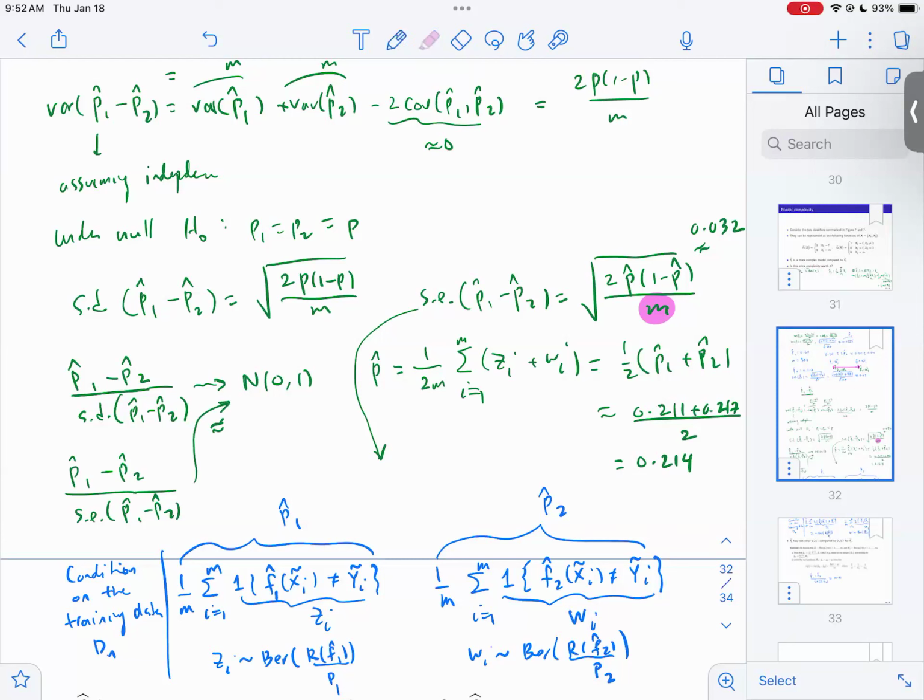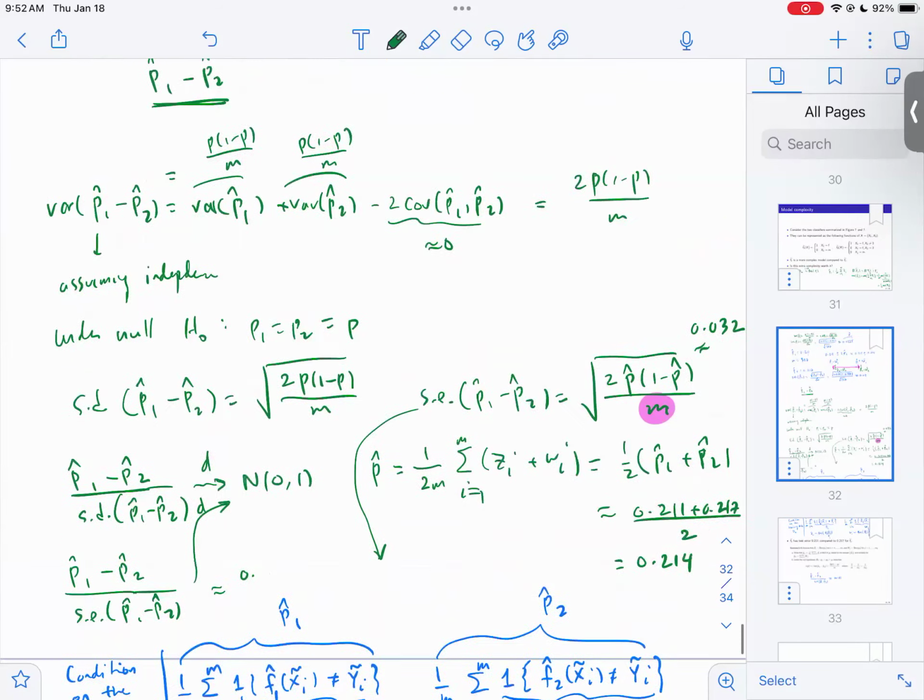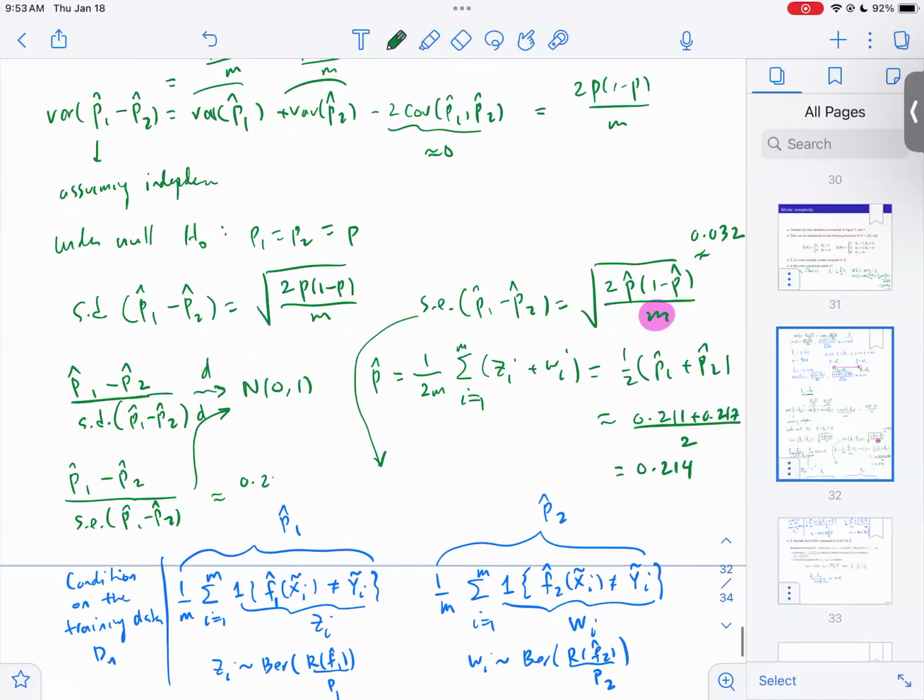In any case, I have calculated this. In our case, the difference turns out to be P1 is 0.211 minus 0.217, divided by 0.032.